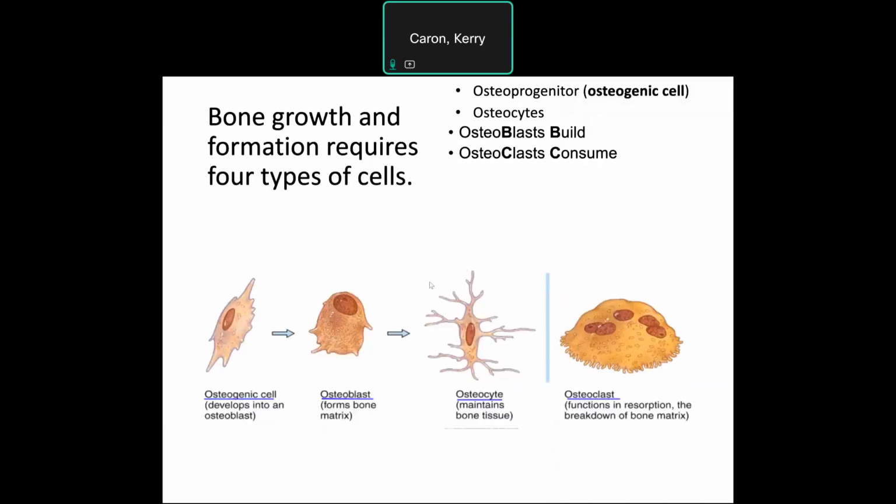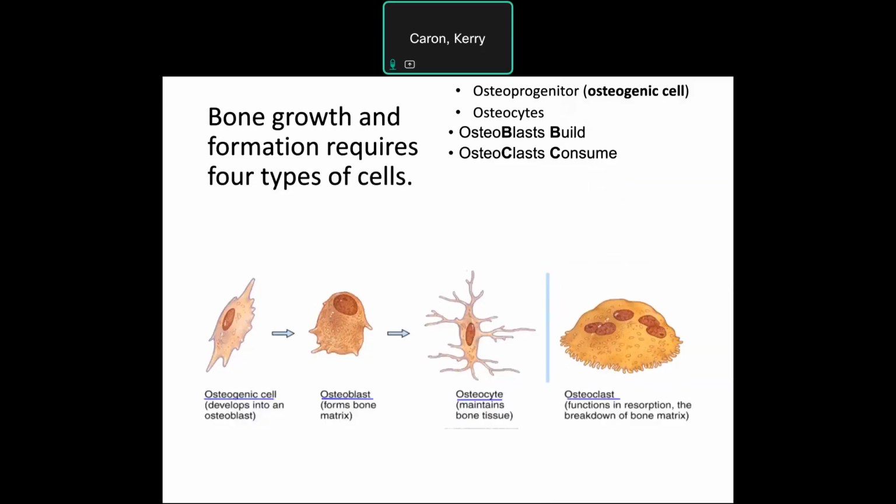Okay, so I like this slide because it talks about the different bone cells. So genic, like Genesis in the Bible, is the formation. That means formation or beginning. Osteo meaning bone. So osteogenic means it's forming bone. Okay? It's developing, it's forming bone.